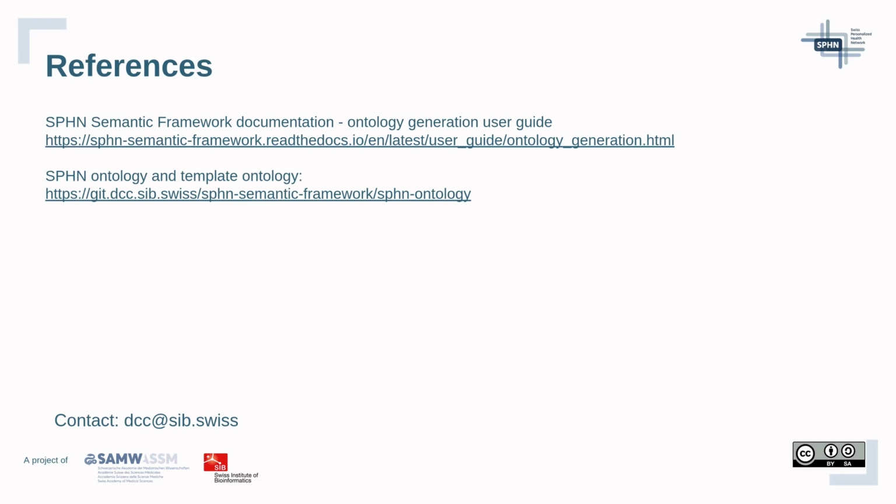So you have the SPHN Semantic Framework documentation, which has a section on the ontology generation user guide. So there is a user guide that you can have a look at, which provides more information and also conventions on how to define specific elements in RDF. And we also provide the SPHN ontology and the template ontology in the DCC's Git.